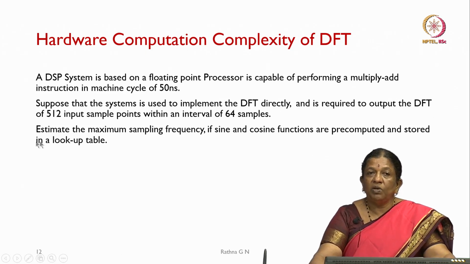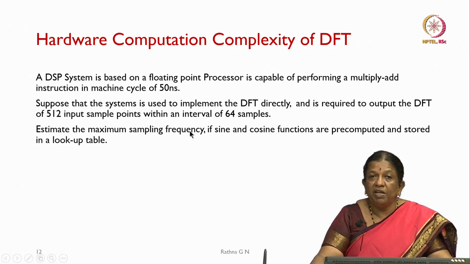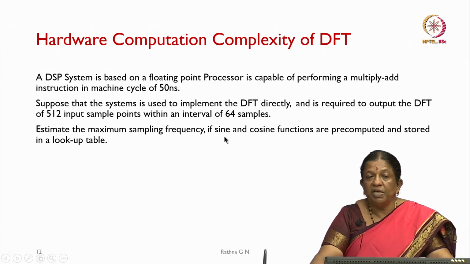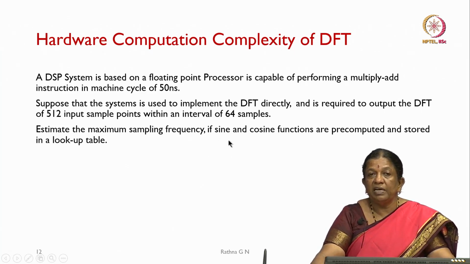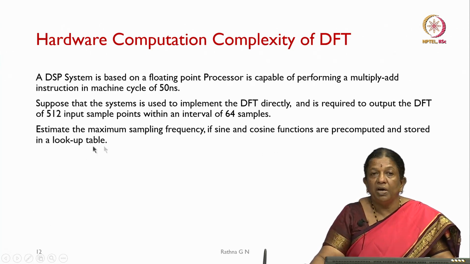What we have to do is estimate the maximum sampling frequency if sine and cosine functions are pre-computed and stored in the lookup table. So, we are not going to use the library function, and we are saving a little time. We will be calculating for 512 points, with both sine and cosine computed and kept in the table, and we use that to compute our DFT values.